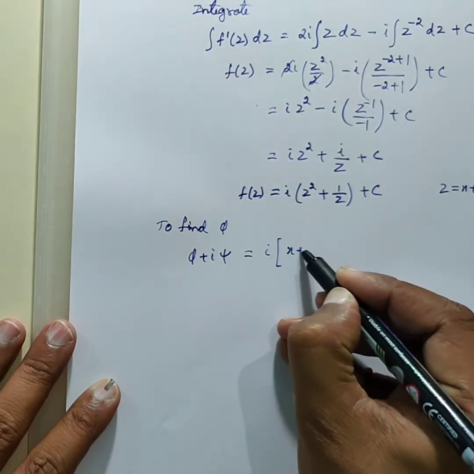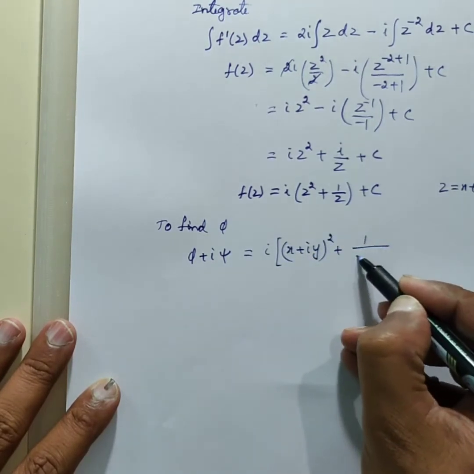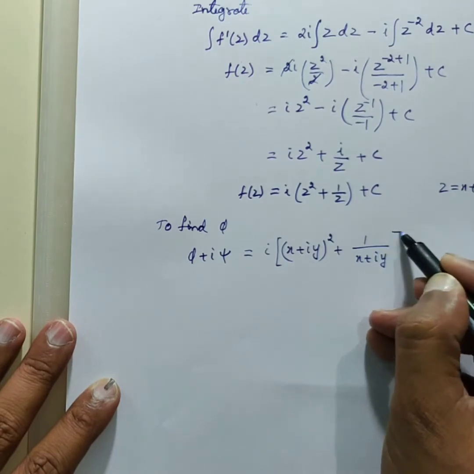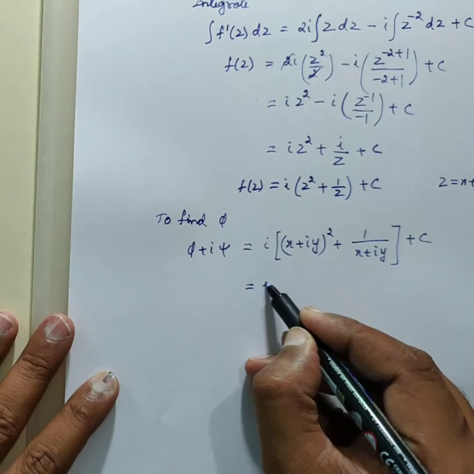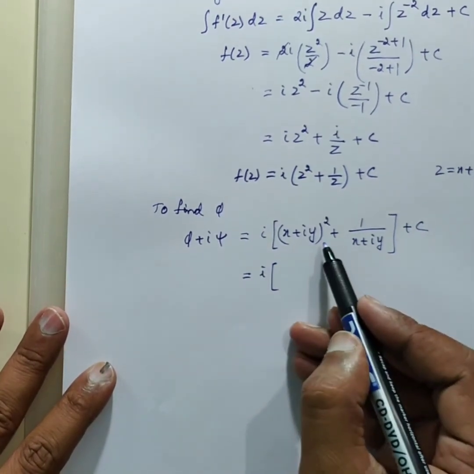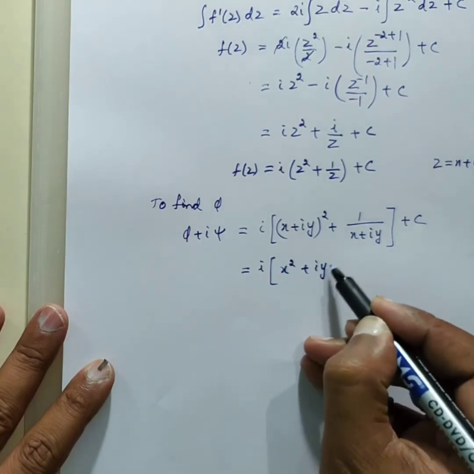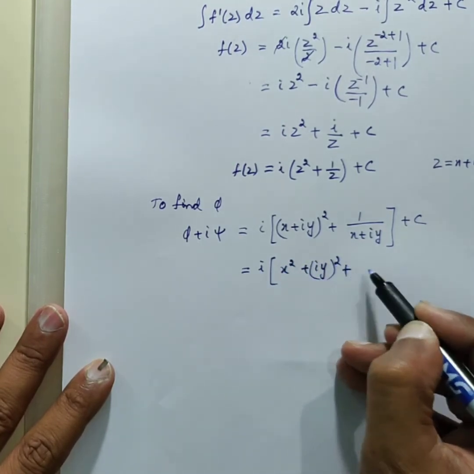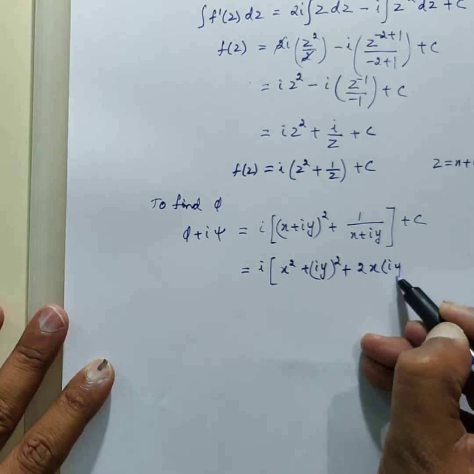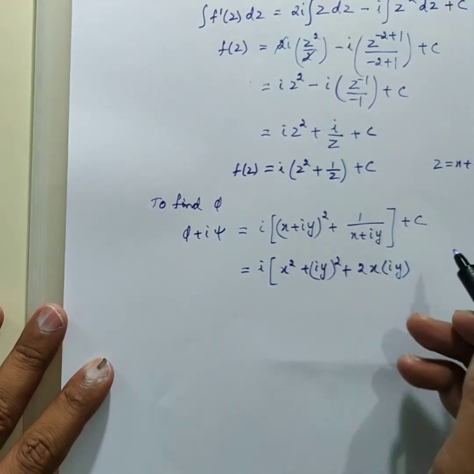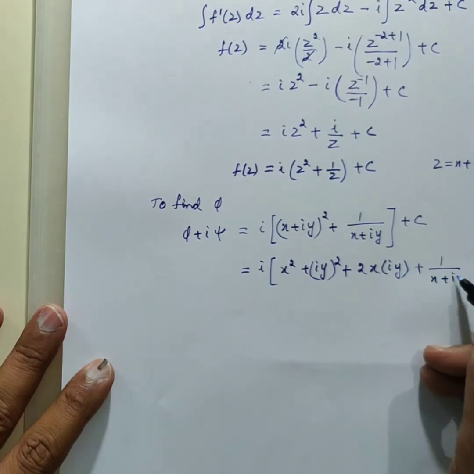So you get x plus iy whole square plus 1 by x plus i times y, plus this constant c, or that is nothing but i into, this is in the form of a plus b whole square, so you can expand it: a square plus b square plus 2 times a into b. So I have just expanded this one, plus this 1 by x plus iy, you can rationalize this one.